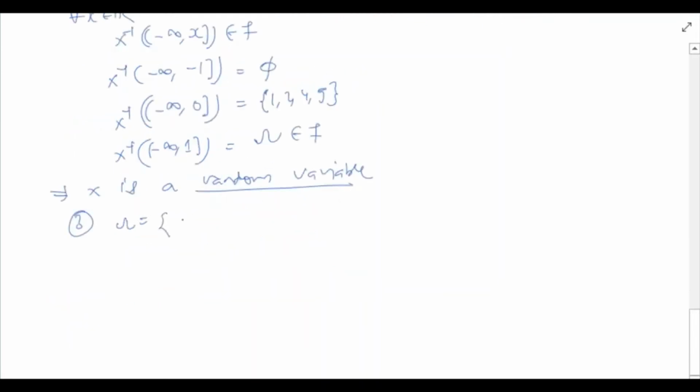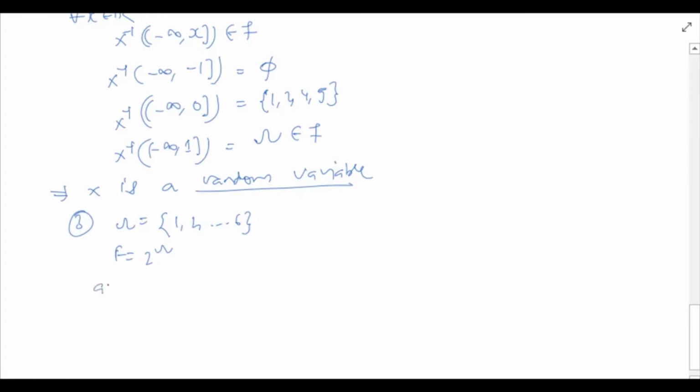I keep the sample space the same as before, but my event space is the power set of omega. That is, it is the collection of all subsets of omega.